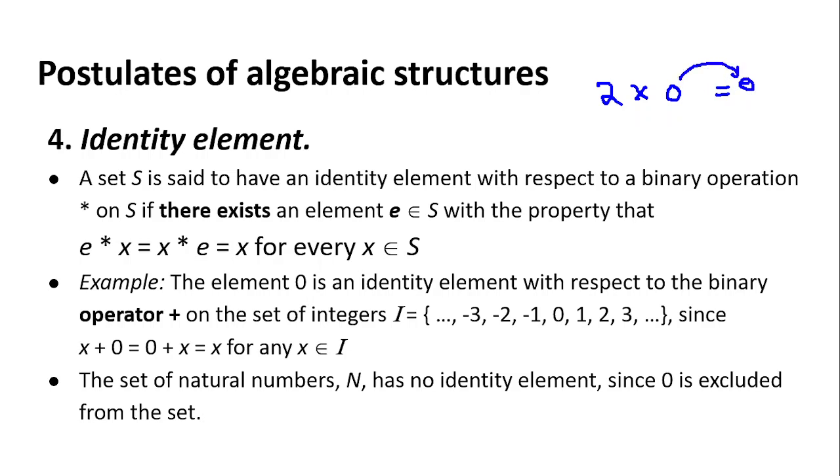You should get 2, not 0. So which is the identity element in this case? It is 1. 2 into 1 is 2. Minus 2 into 1 is minus 2. So remember, the multiplication identity is 1 and the addition identity is 0. There will be different elements that can act as the identity. E is not common for all operators. The identity depends on the operator that you are using.